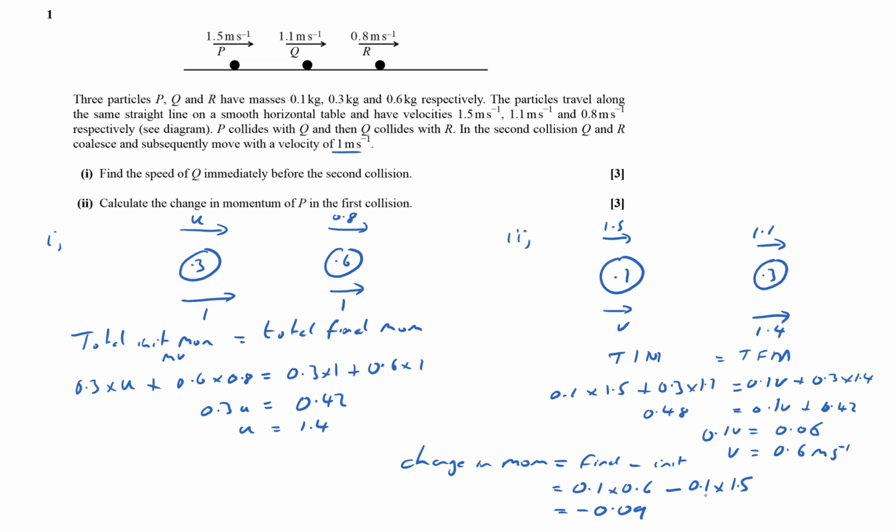And that's, if you want to put units down, kilograms mass times velocity meters per second. So it actually loses momentum. And that's question 1 done.